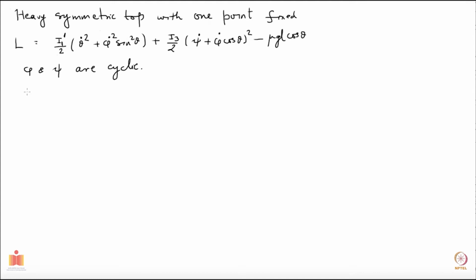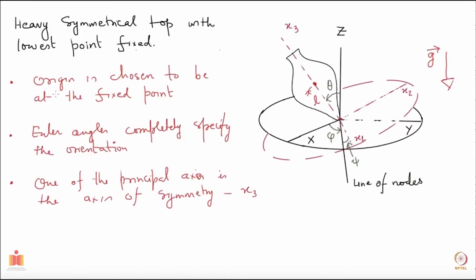p phi, which is del L over del phi dot. Let's go back and see what is phi dot. You remember phi was the first rotation when we talked about it, and it happens about the z-axis, right?